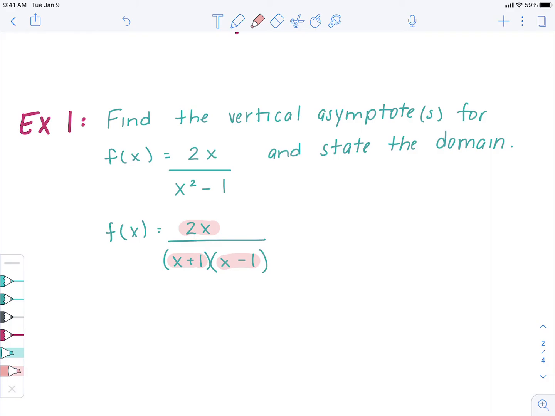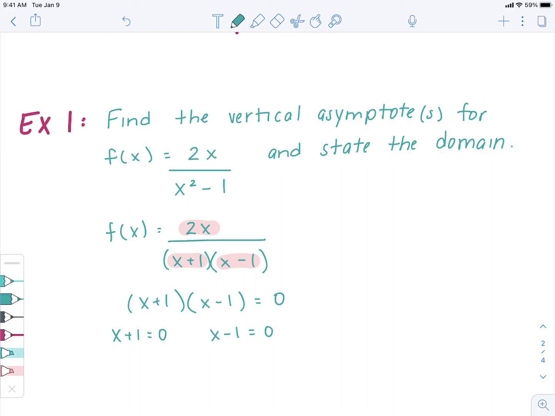Since there's nothing that I can cancel out, I'm going to take my denominator and set it equal to 0. So I'm going to take my x plus 1 and my x minus 1 and set it equal to 0. Once I have two factors set equal to 0, I can split them up and say x plus 1 equals 0, x minus 1 equals 0.